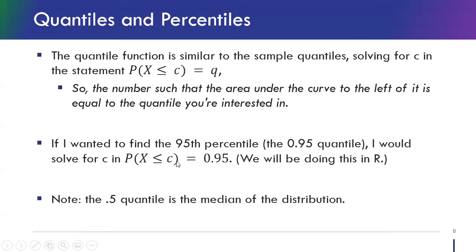How do you find the c with this quantile 0.95? Sorry, I should say this 0.95 being the percentile, and this c being the 95 quantile. It's a bit confusing. So this 0.5 quantile is the median of the distribution. So that's the one in the middle.